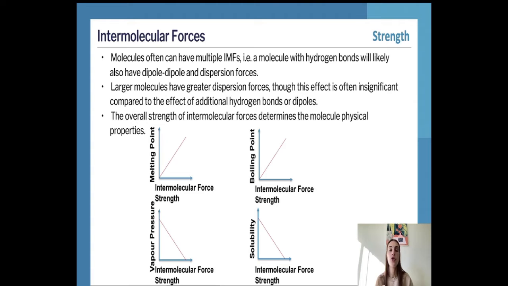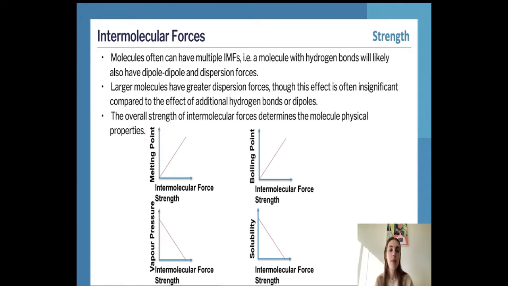The stronger the intermolecular forces are, the more heat energy needs to be applied to break those intermolecular forces. That's why if there is a stronger intermolecular force, you're going to require more heat in order to melt and then boil that particular substance.